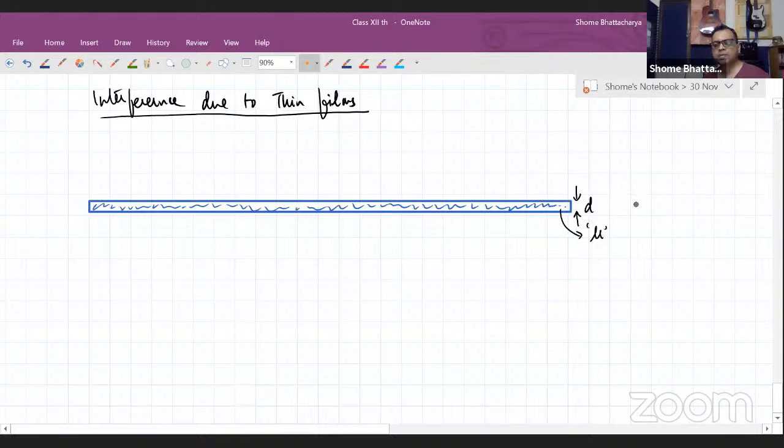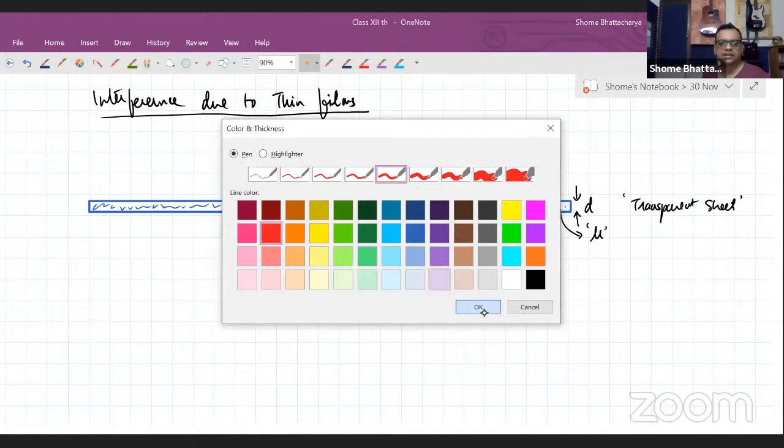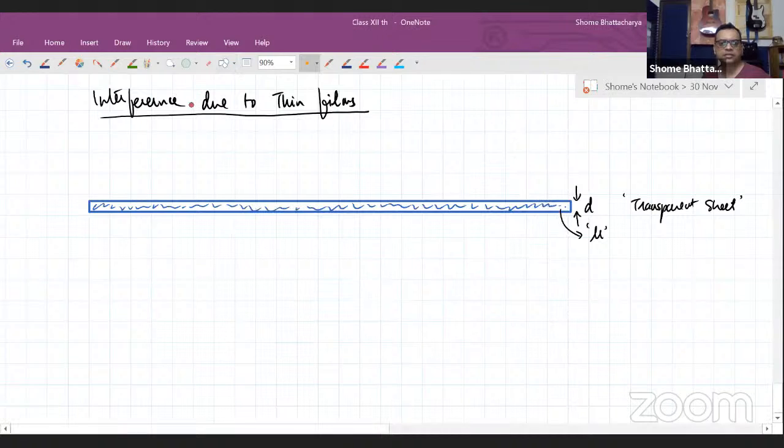Okay, so this is a transparent sheet kind of thing. Okay. So when light of a certain wavelength, or for that matter any light, is incident on it, what happens is that out of the incident light, a certain percentage transmits and a certain percentage reflects back.